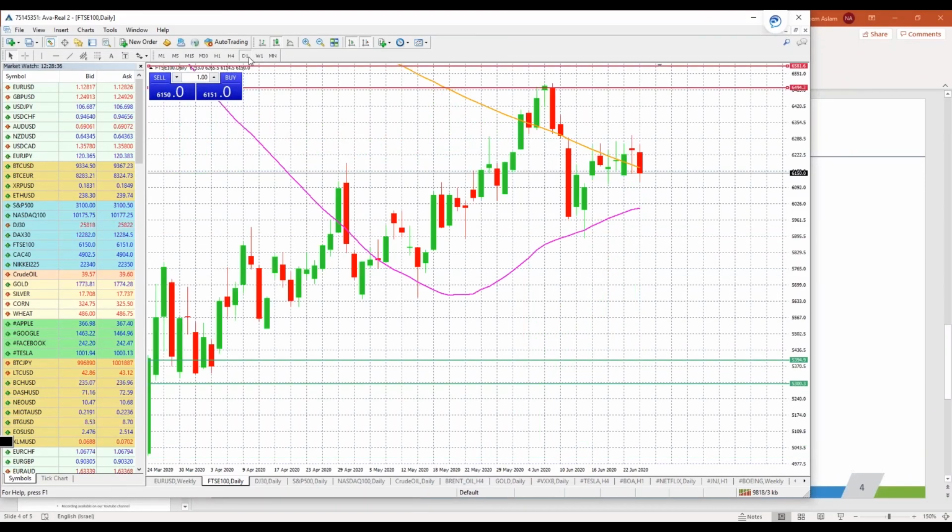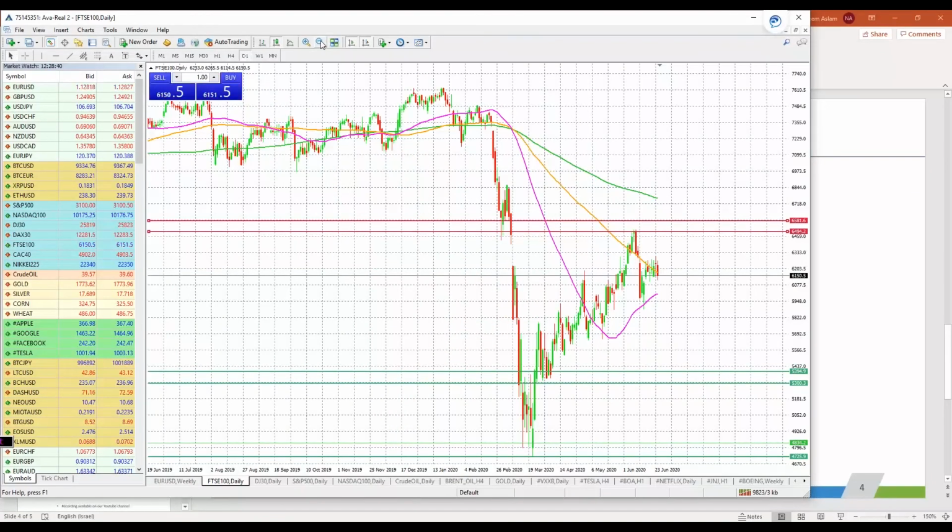But the moment we change the time frame and go on to a daily time frame, the situation does begin to change. First of all, the bullish signal came when the price moved above the 50-day moving average, and the second challenge right now is its battle with the 100-day moving average. Today's price is trading below the 100-day moving average, and if we get another close below it, then we are really looking at this 50-day moving average again.